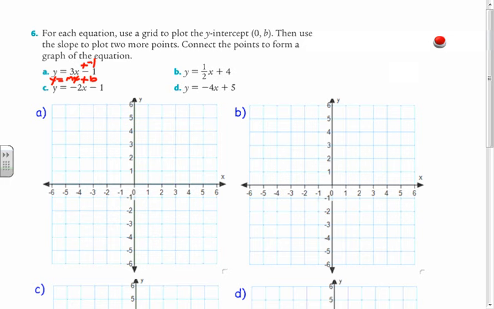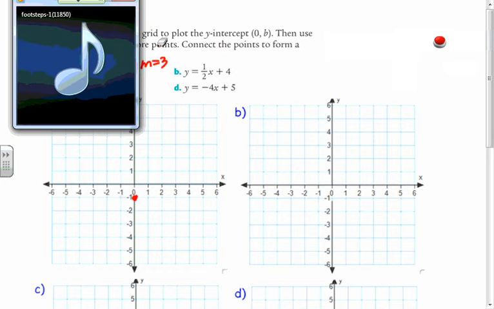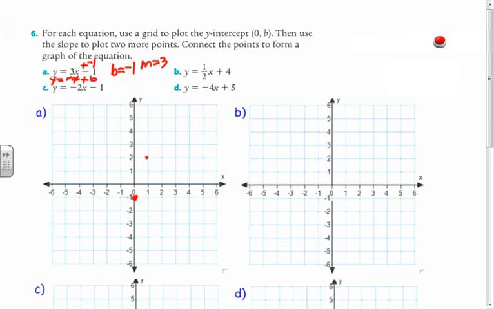So b is equal to -1 in this first problem. And m is equal to 3. So we're going to go on the graph on the y-axis and find the point -1. Then we're going to use a slope of 3 to create some other points. We need to go up 3 over 1, up 3 over 1, because remember, a slope of 3 is the same as the ratio of 3 over 1. Then you can go ahead and draw on the line.